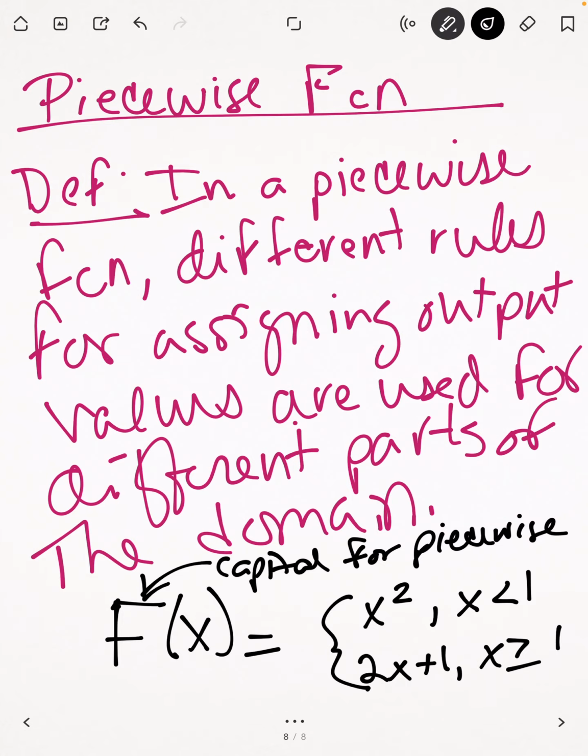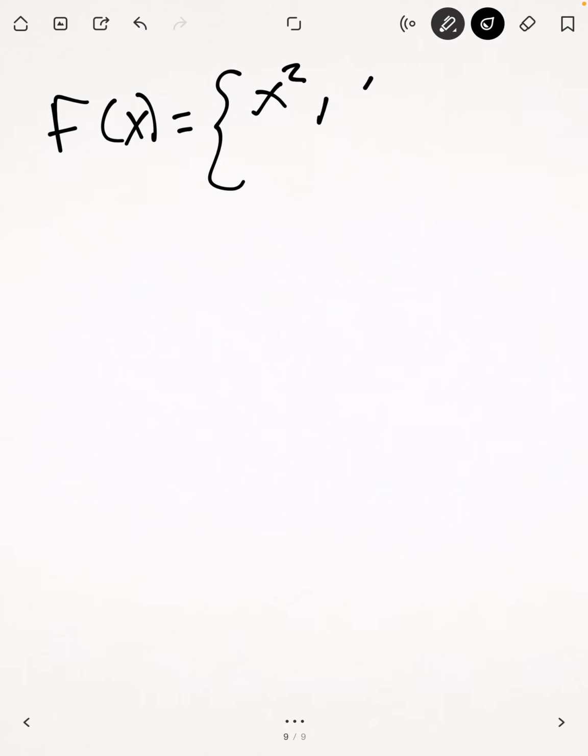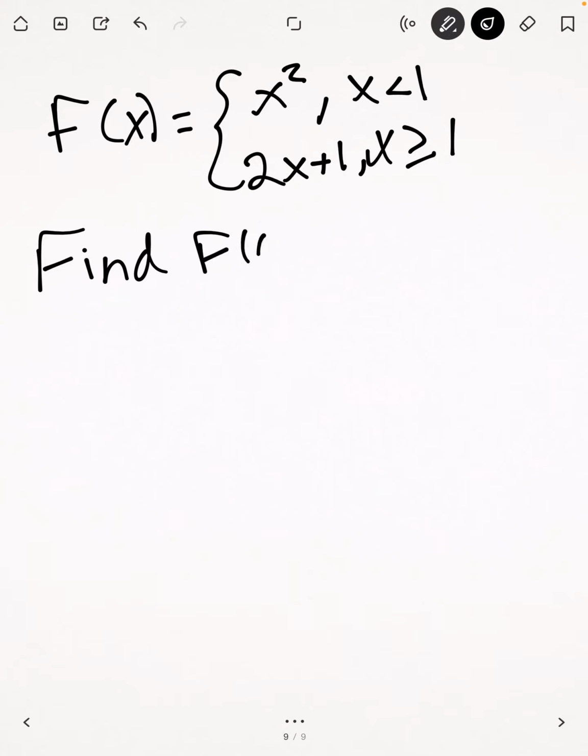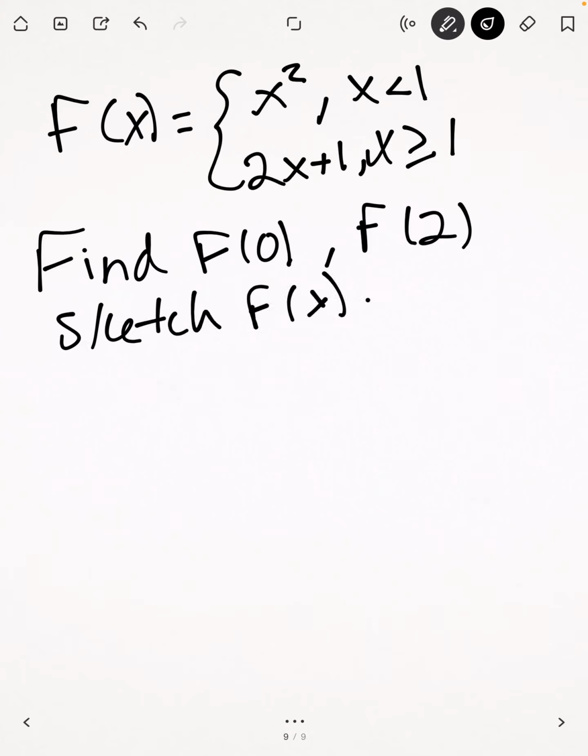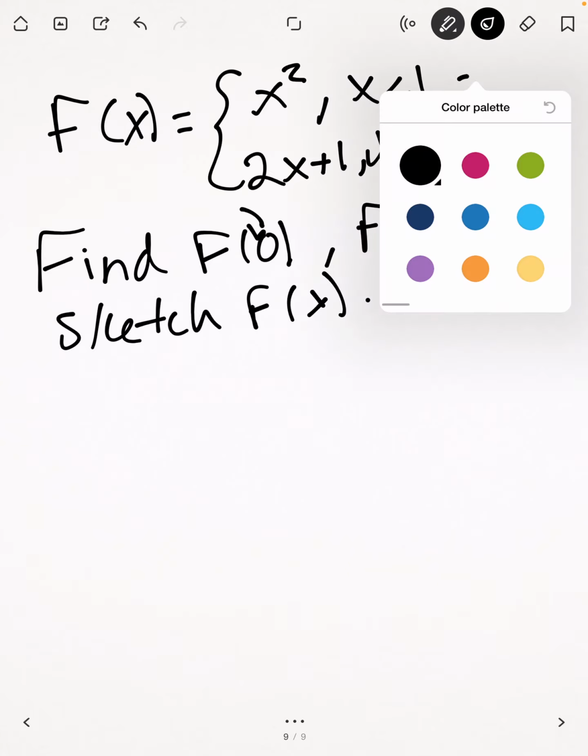And so let's go ahead and work with that. So I'll rewrite that real quick. F of x is x squared whenever x is less than 1, and it's 2x plus 1 whenever x is bigger than or equal to 1. And I want to find f at 0, f at 2, and then sketch f of x. And so if f at 0, well, is 0 less than 1 or bigger than or equal to 1? Well, it's less than 1.